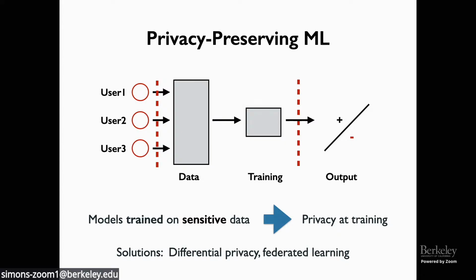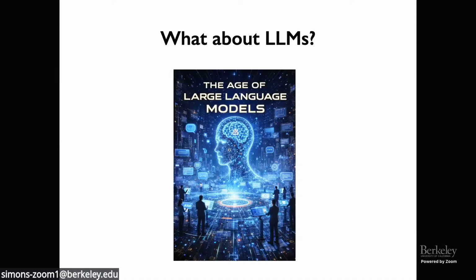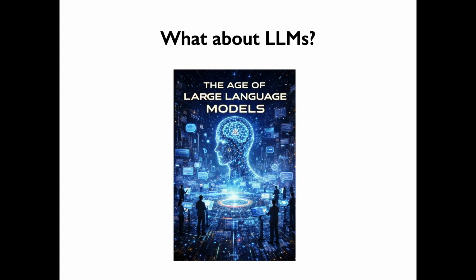So now the question is, what about LLMs, right? So, large language models, I'm pretty sure we have all heard about large language models. I mean, they are kind of the next wave of the industry. Many of us are very interested in building private and secure large language models that can be used, right? So what happens over there? For large language models, on the one hand, you can think about this privacy ML problem, right?